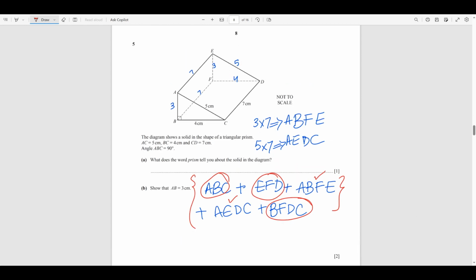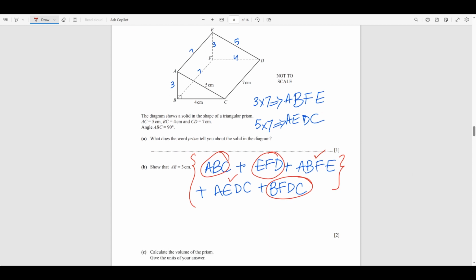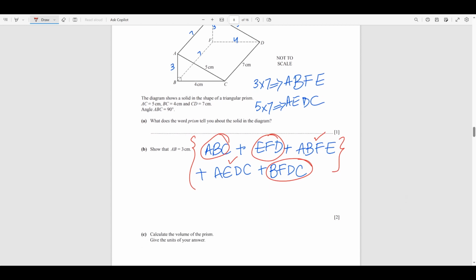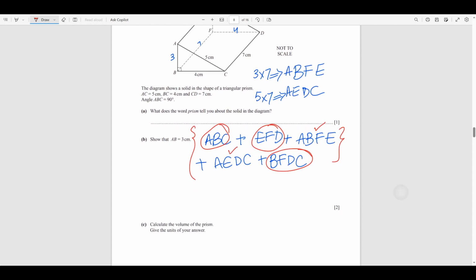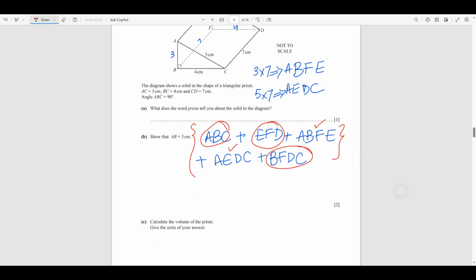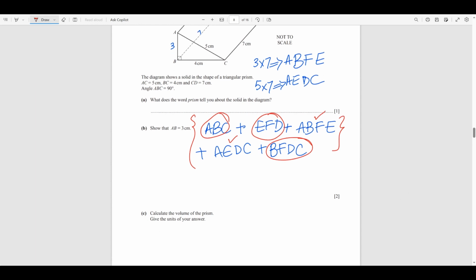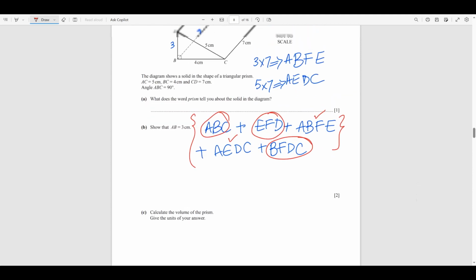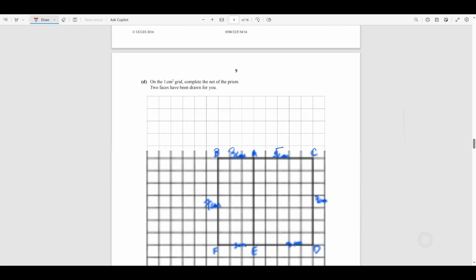So I was thinking, because we know that AB and BC are perpendicular to each other, if you're making a triangle with AB as the baseline, we need to make sure that C is right above B, and that too 4 units up, right?